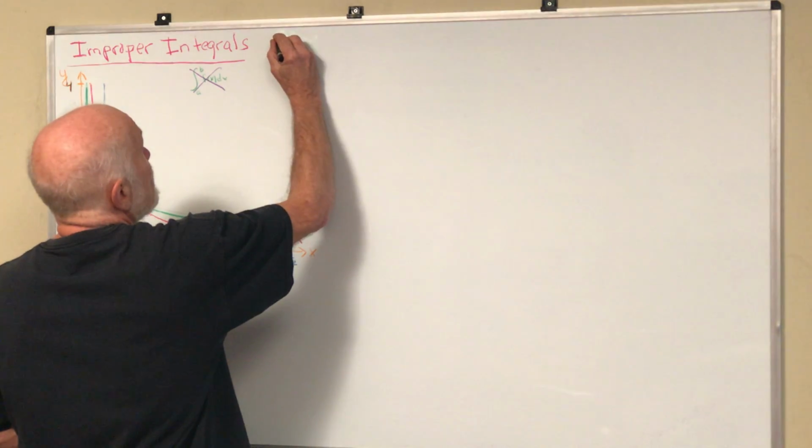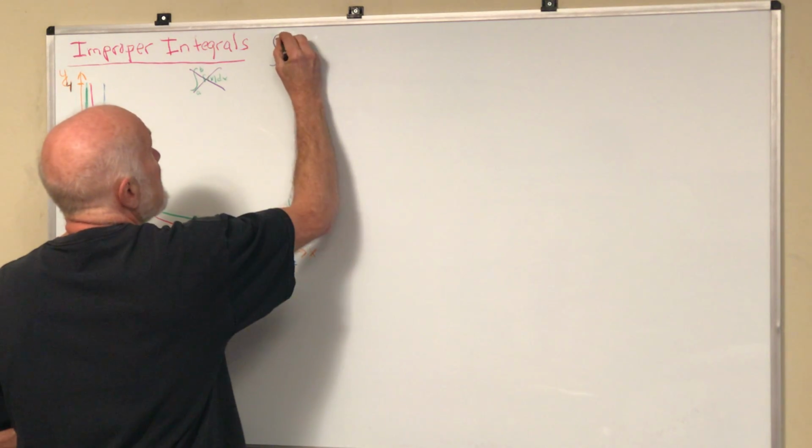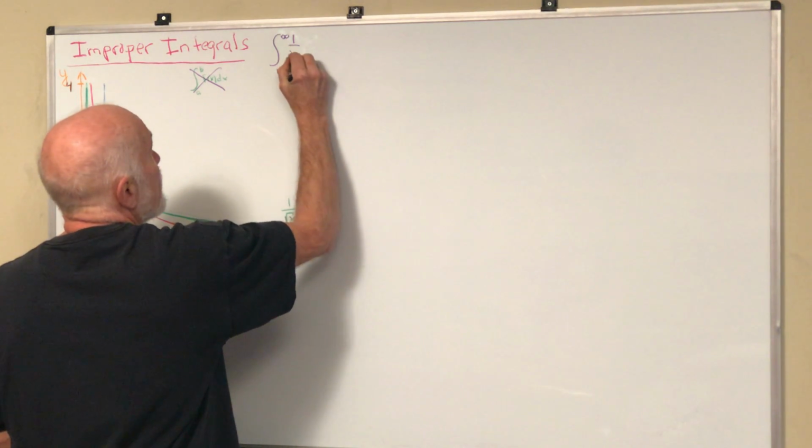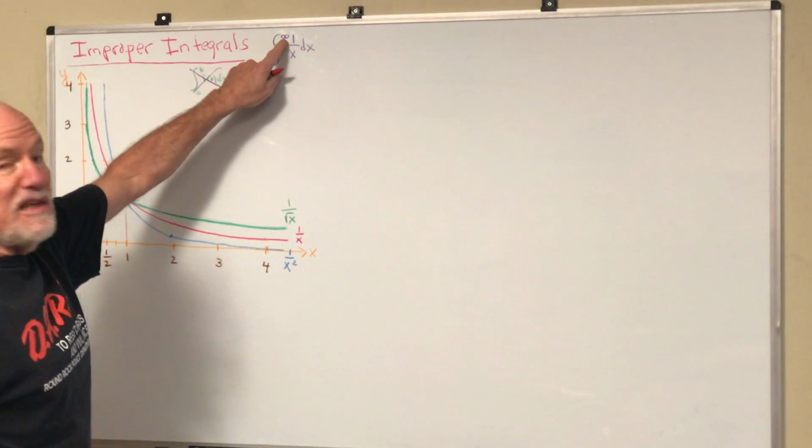So the way we're going to do it is to take the integral from 1 to infinity of 1 over x dx. This is improper. Infinity is not a number.